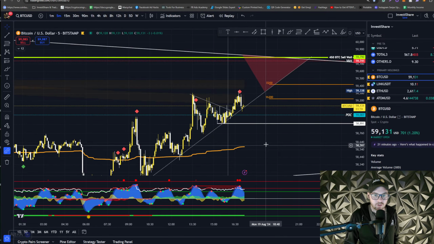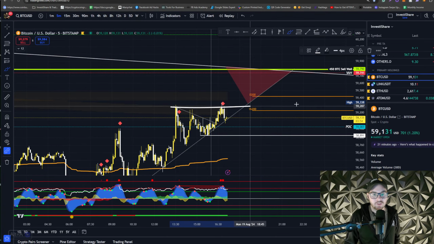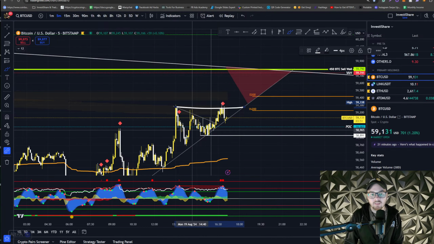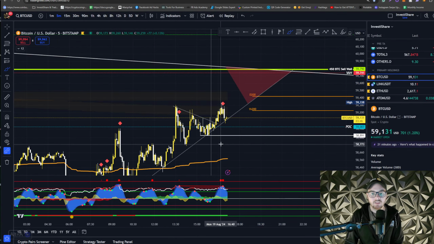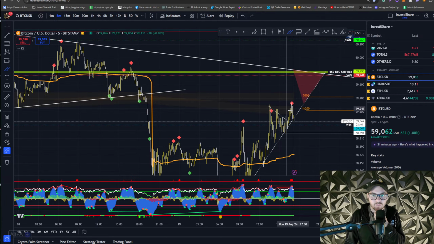I hope this drops for you. If not, then watch out for that local high. We might have an ascending triangle breakout and bring us to this area and then retrace. But yeah, I would have my bear goggles on between this zone here and this zone.